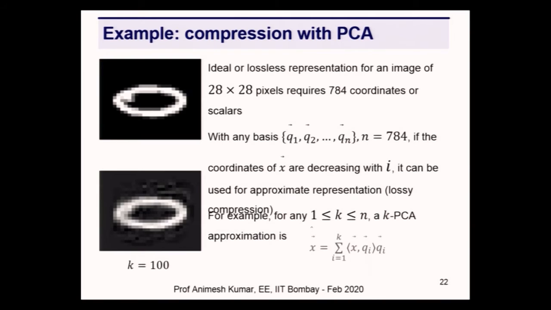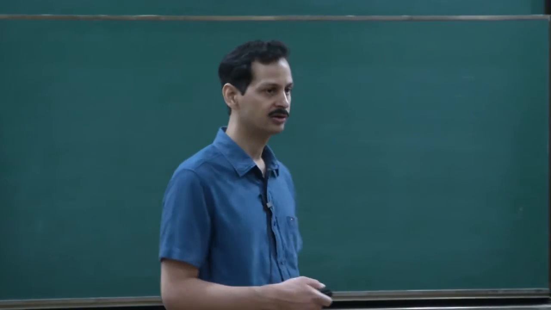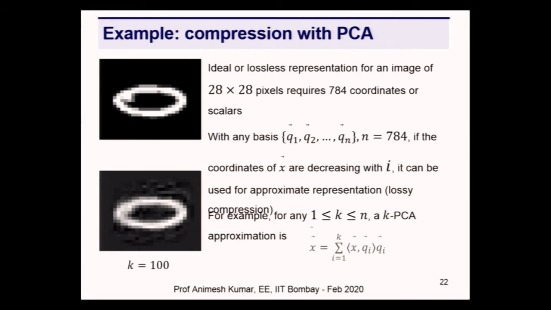The way we obtain the coordinates of x vector along these vectors is by taking the inner product. I take x vector and its inner product with q1. That gives me the coordinate of x vector along q1. Similarly, I take the inner product of x vector with the q2 vector. That gives me its coordinate along q2, and so on. So what you do is you come up with this k-term approximation.